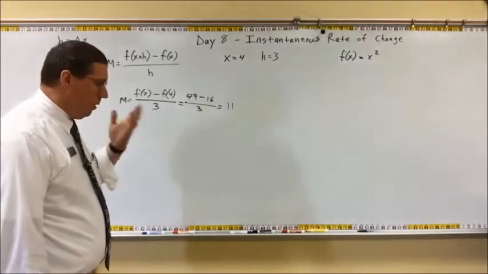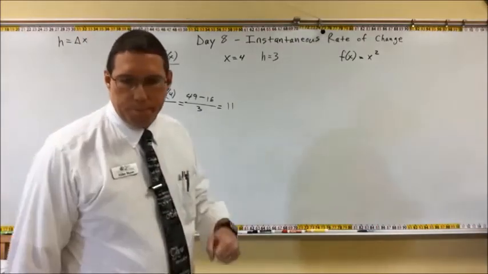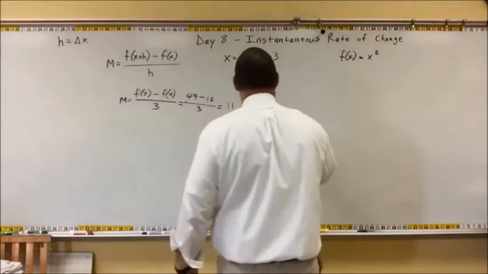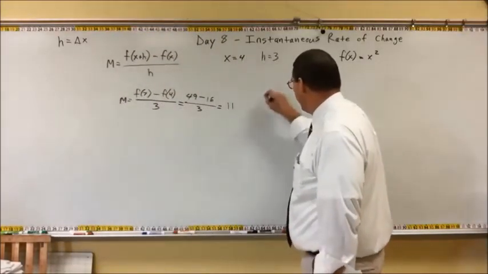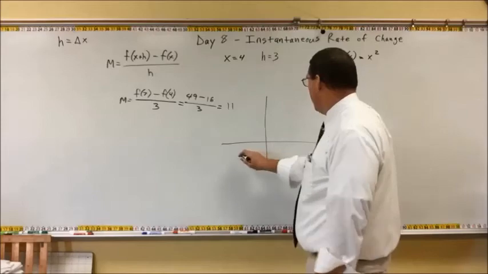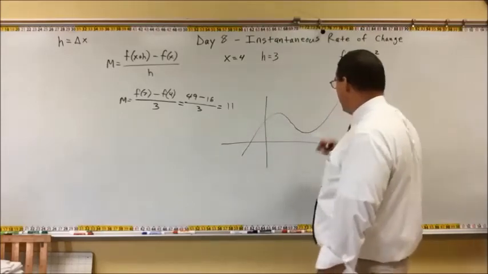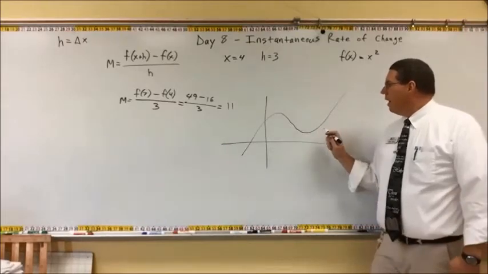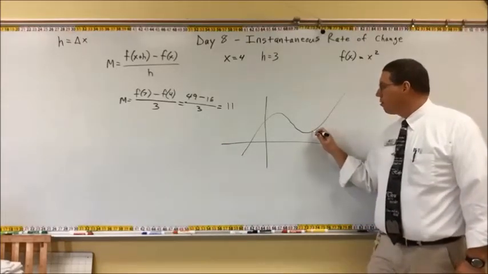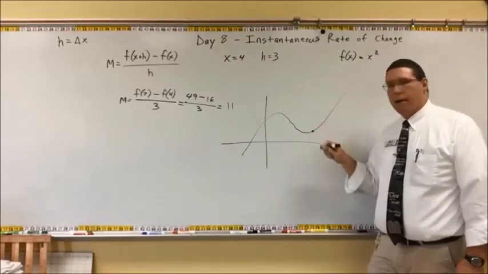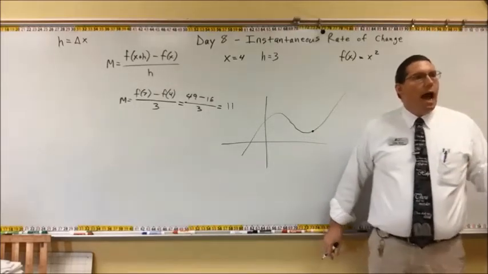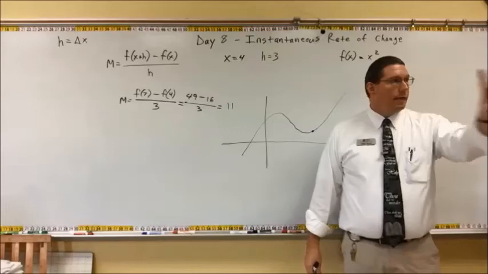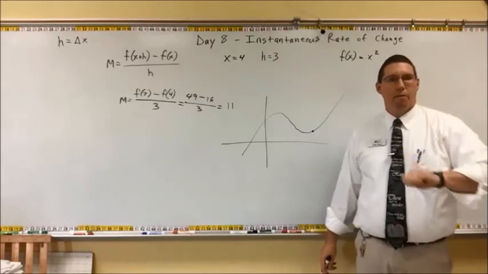Now, here's a question for you. Let's say that I have some arbitrary curve on the coordinate plane, and the curve does this. Let's say that I want to know the slope of the curve at a single point, right? But I need 2 points. I need 2 points to find a slope.